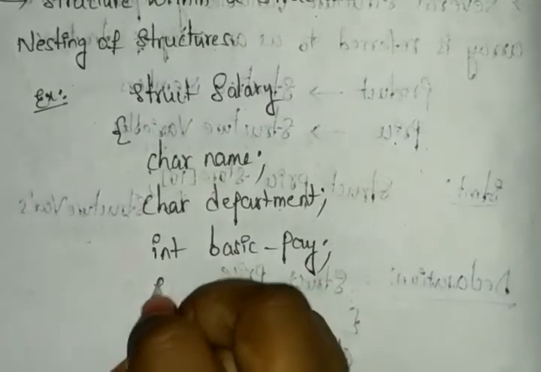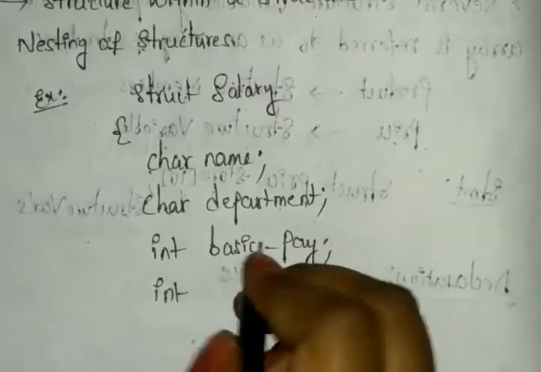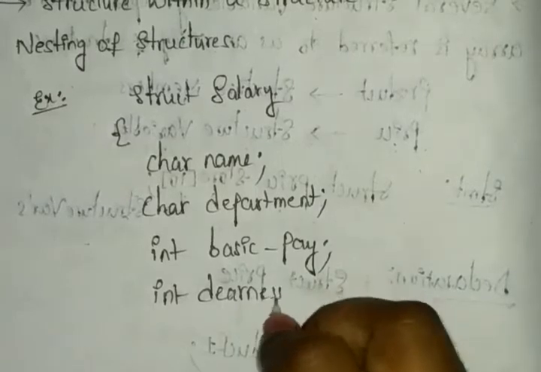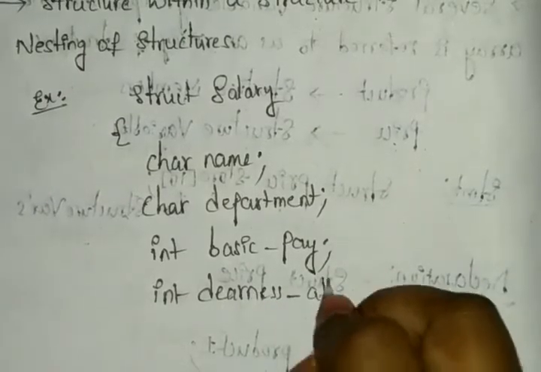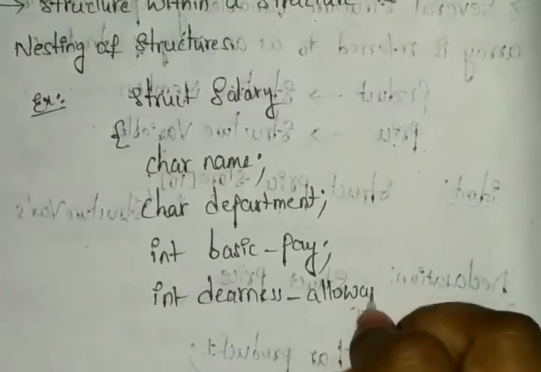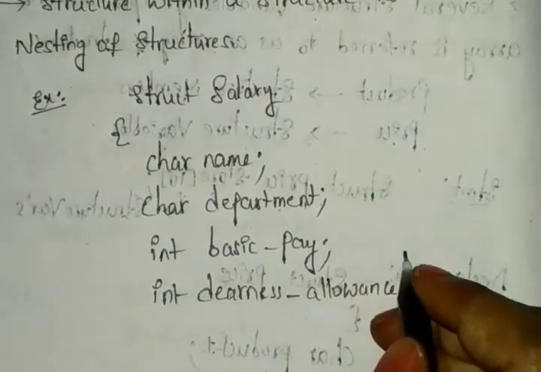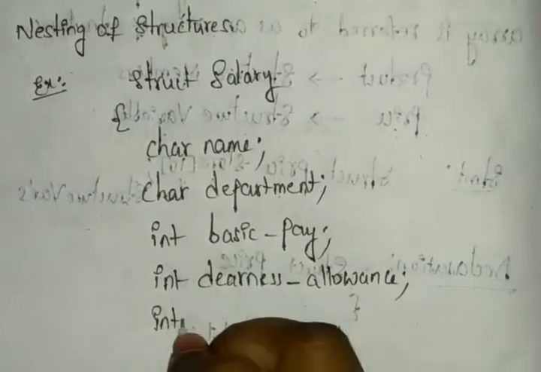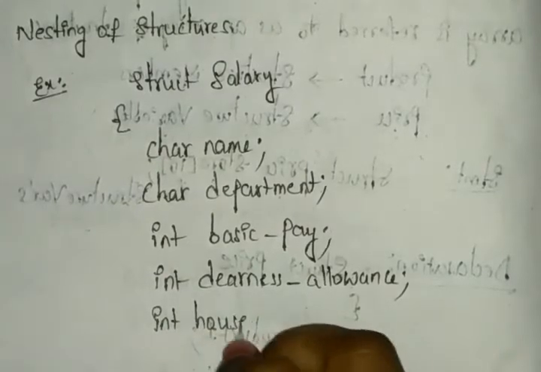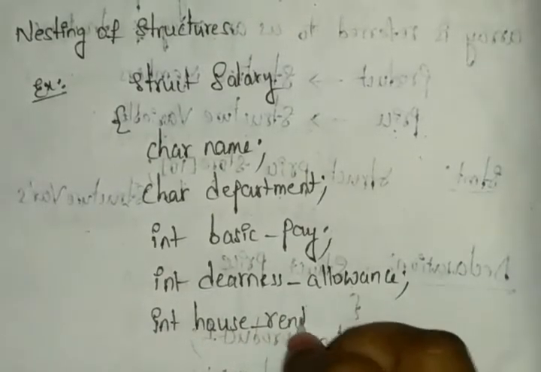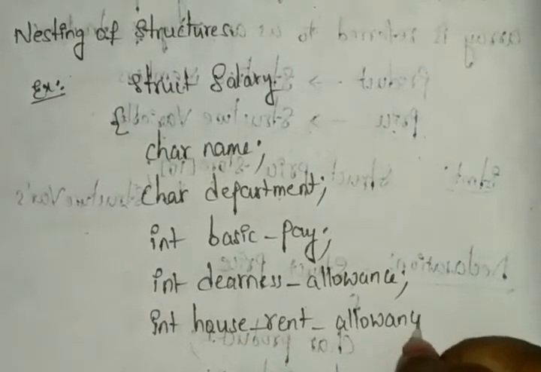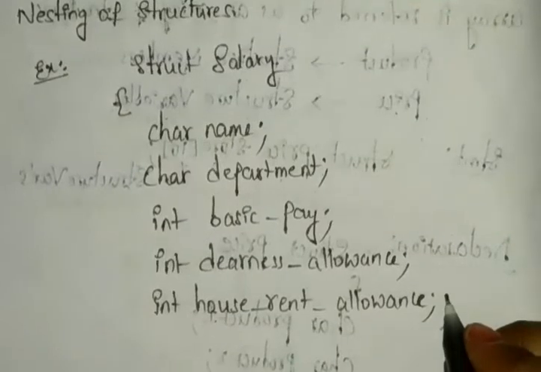Here I will write int journeys. This is the allowance. And next the employee has the house rent allowance.